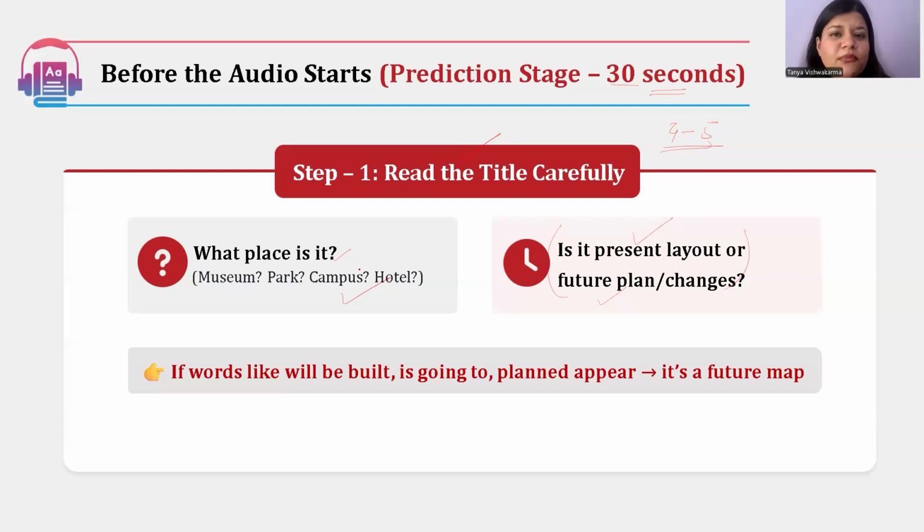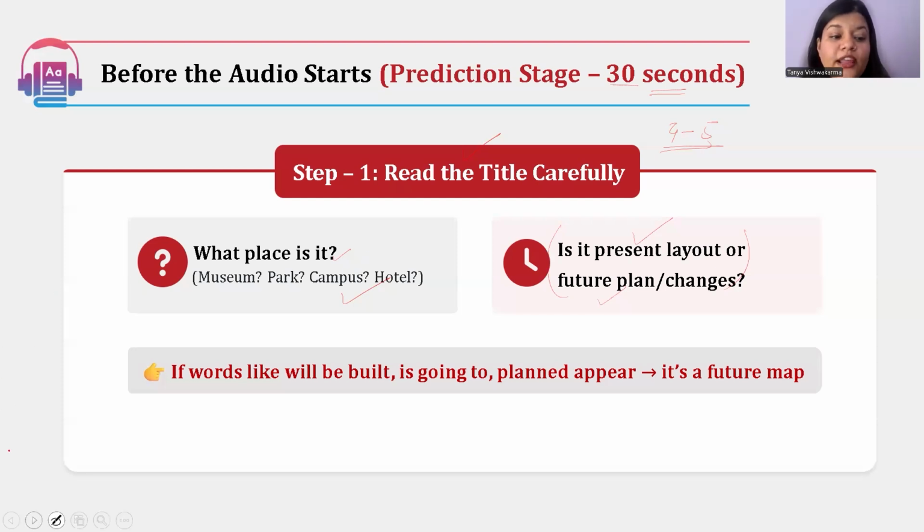If words like will be built, is going to, planned appear, it's a future map. But anyhow, that doesn't matter. It matters in writing and not listening. In listening, the only thing that matters is the navigation that you have to hear and do accordingly.